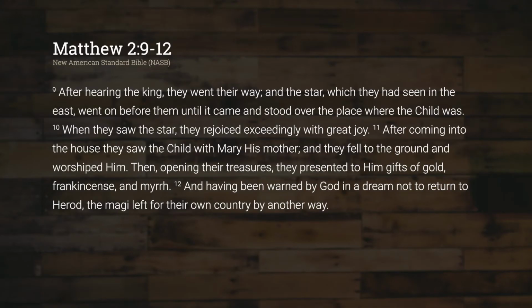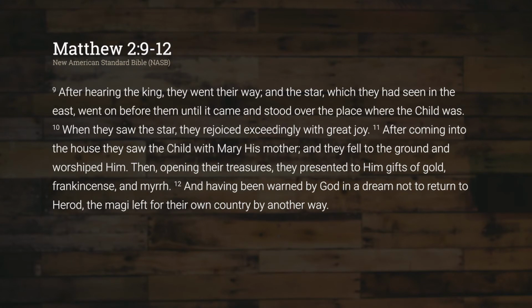Verse 9 introduces us to the consequence. It says, after hearing the king, the wise men went on their way, and the star which they had seen in the east went on before them. I think it's interesting that the star was with them from the east as they traveled to Jerusalem, and now the star is with them as they leave Jerusalem to go to Bethlehem.